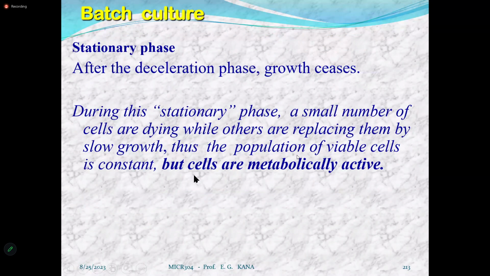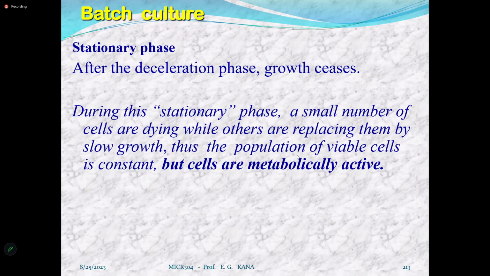During the stationary phase, cells are dying, but cells are also multiplying, such that the overall cell biomass or cell count will remain relatively stable. It could be a scenario in which the number of cells dying is equivalent to the number of cells produced. In that case, you have a constant number of cells in that phase.